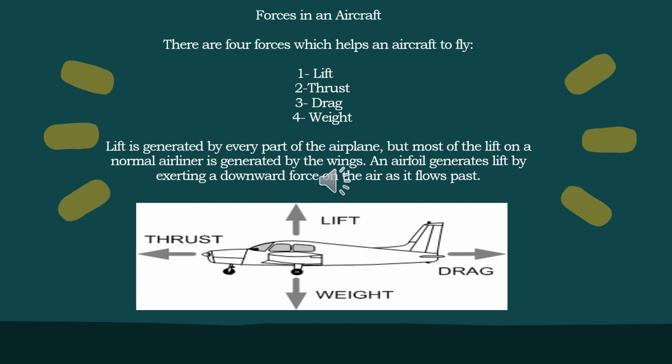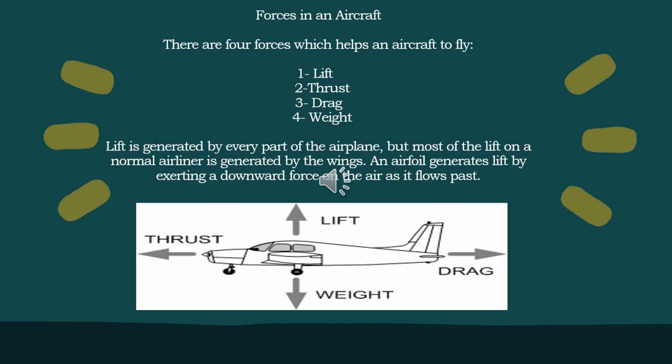Drag is the force that resists the forward motion of the aircraft, basically the opposite of thrust. Weight is the force that moves the aircraft downward, and weight is the opposite of the lift force.